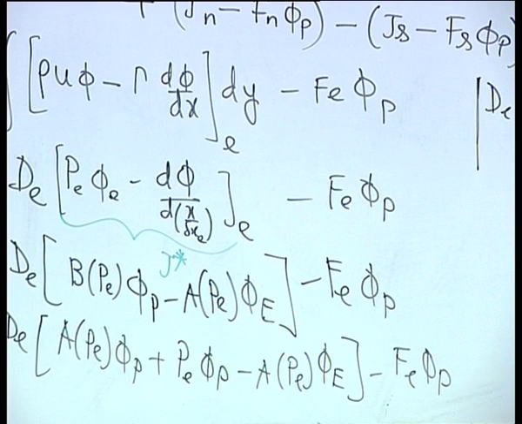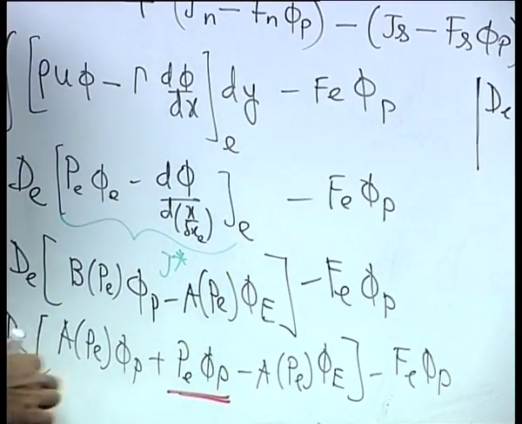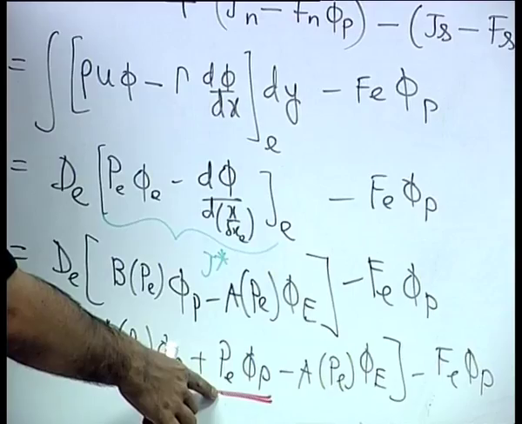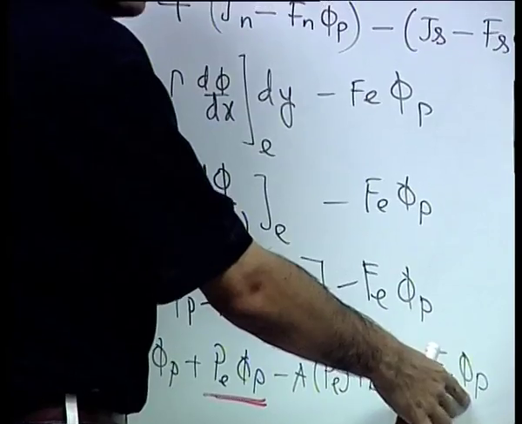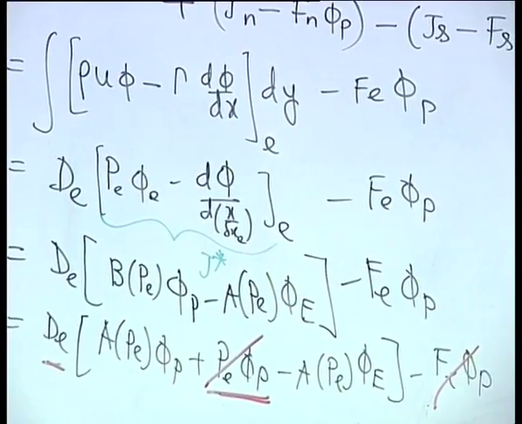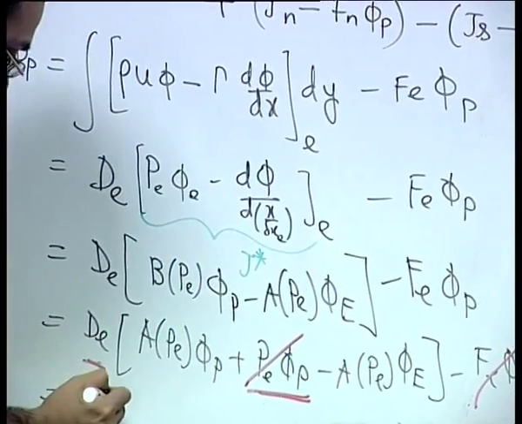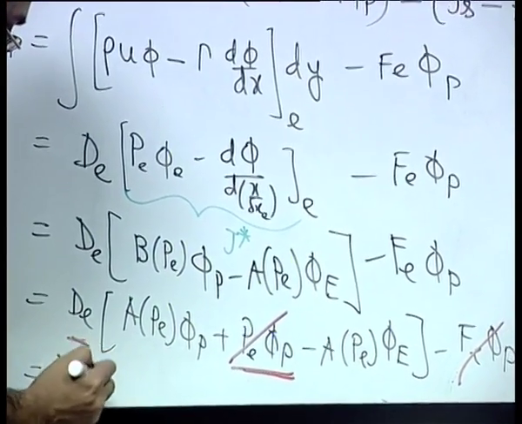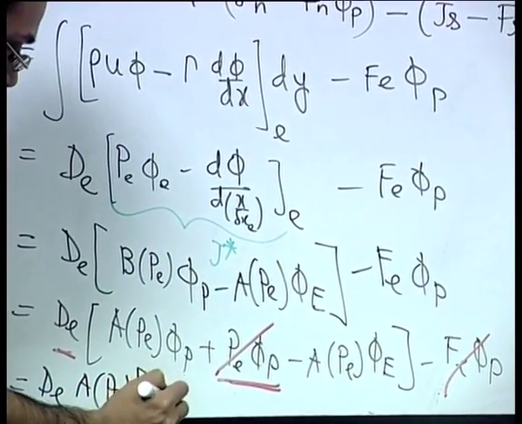Now you see, carefully look into this term, dE into Pe is Fe, Fe into phi p and minus Fe into phi p, these two terms get cancelled. So it becomes dE into A of Pe into phi p minus phi e.